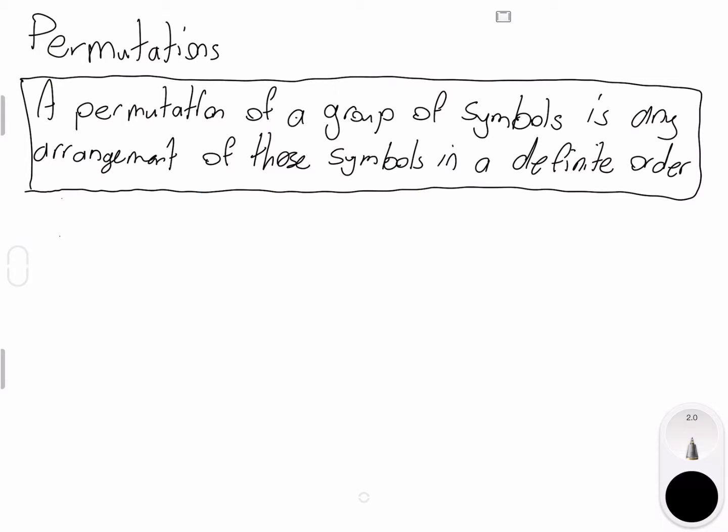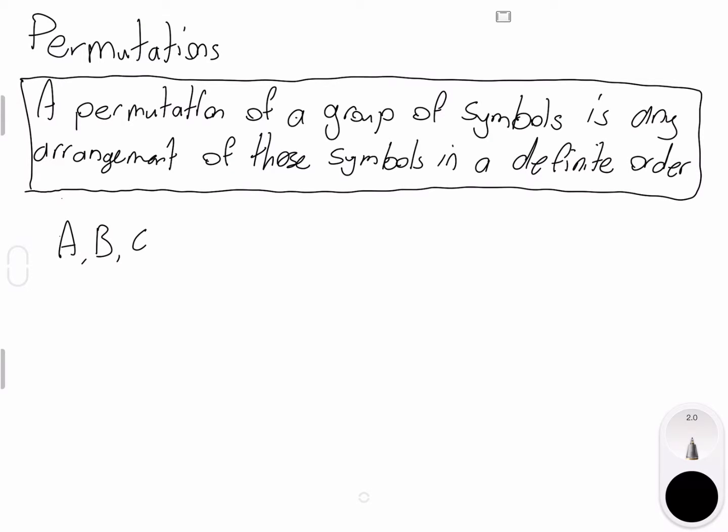So hopefully you've got that written down by now. What permutation means, if I have, let's say, the letters A, B, and C. If I was to randomly pick out one of these, I'd have three different options.